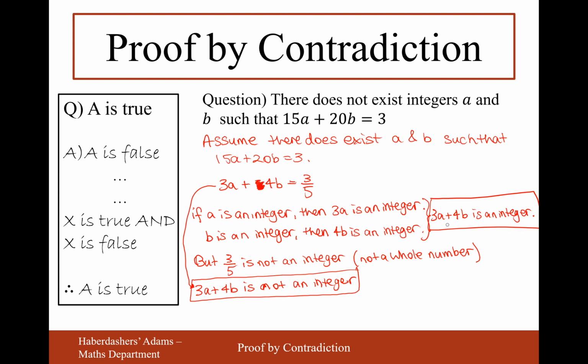So yeah, there must be a contradiction here. So what we assumed to get this contradiction must therefore be incorrect.